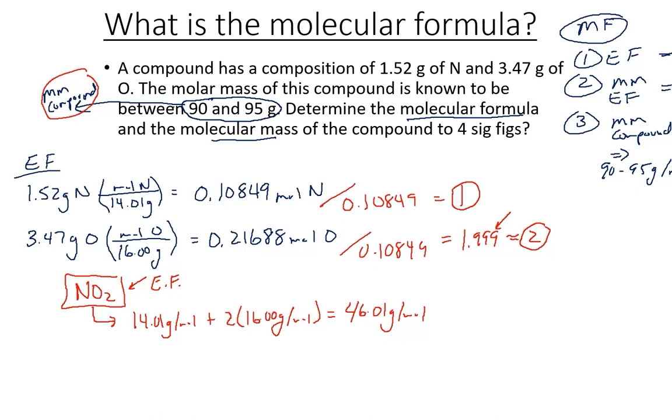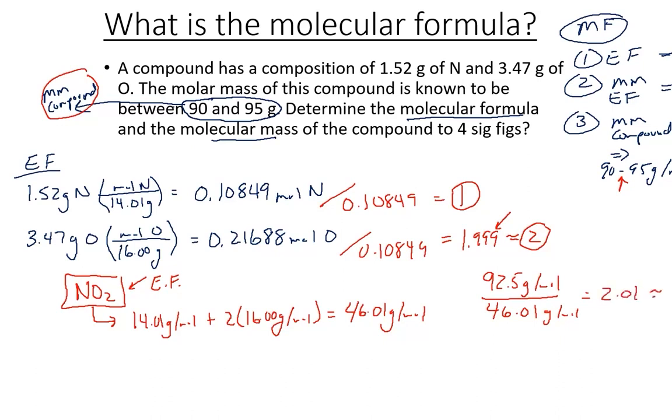So we take our 92.5 grams and divide it by the molar mass of the empirical formula, 46.01 grams per mole. We will get a factor to multiply our empirical formula by of approximately 2. It's 2.01, which is obviously close enough to round to 2.